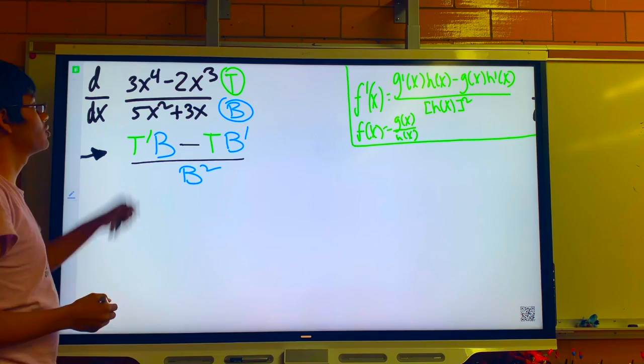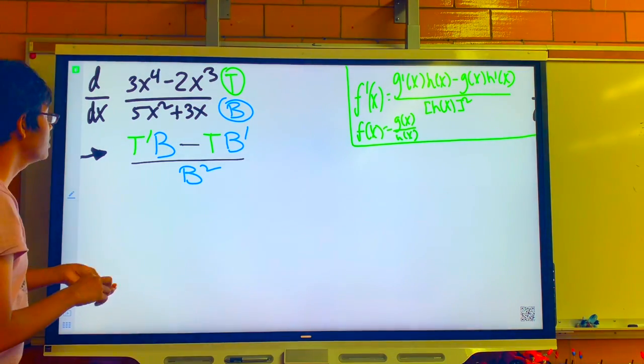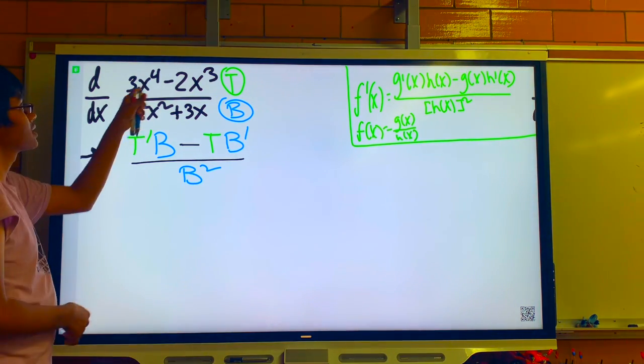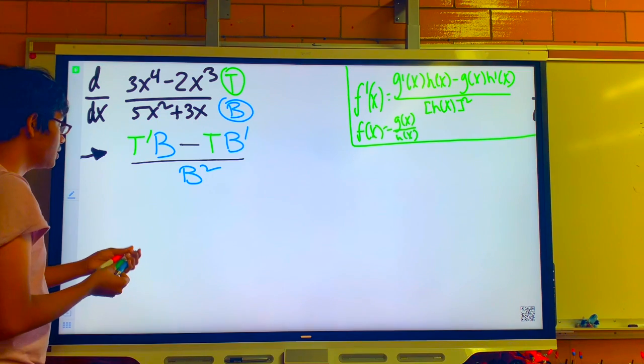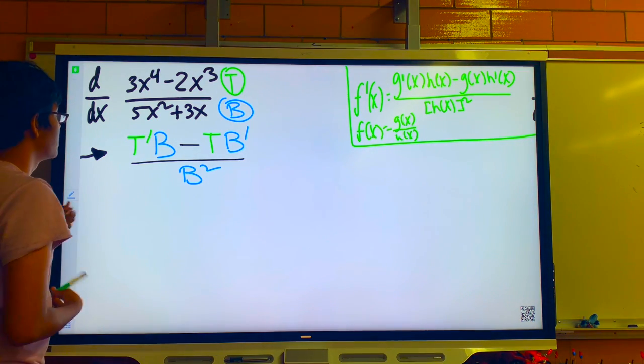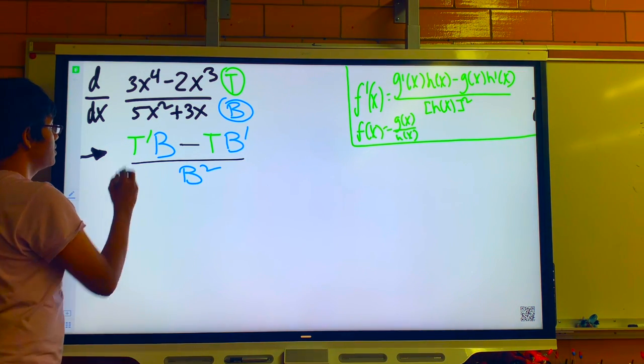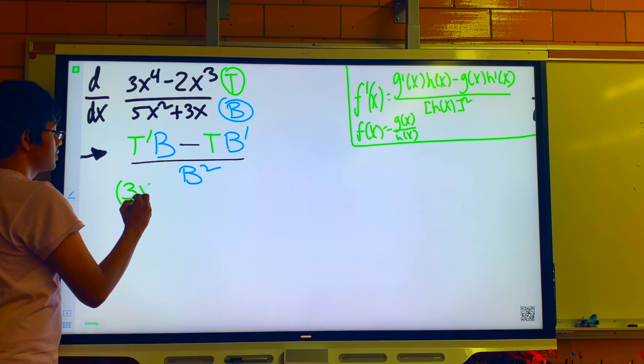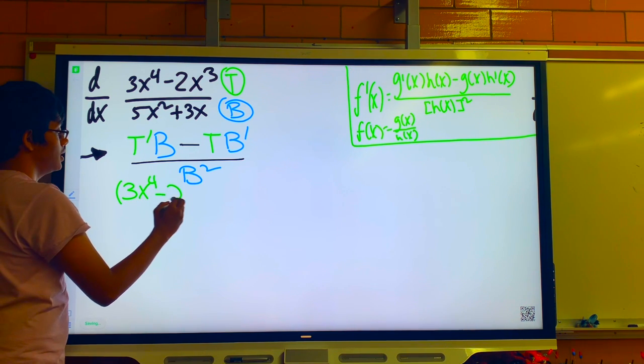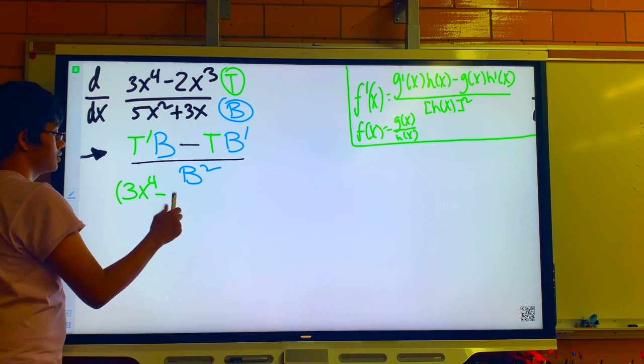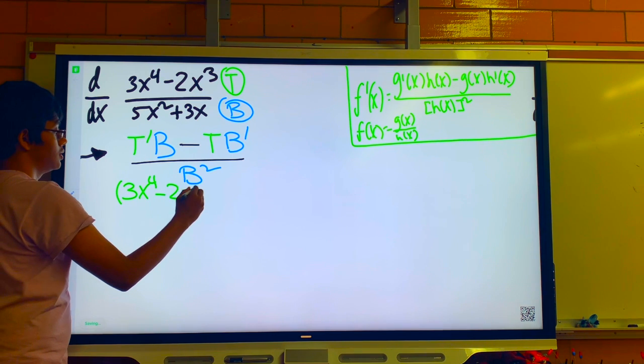So, what is the derivative of my top function? Well, what's the derivative of 3x to the fourth minus 2x cubed? Well, I'll evaluate that very soon, but for now, let's just write 3x to the fourth minus 2x cubed.